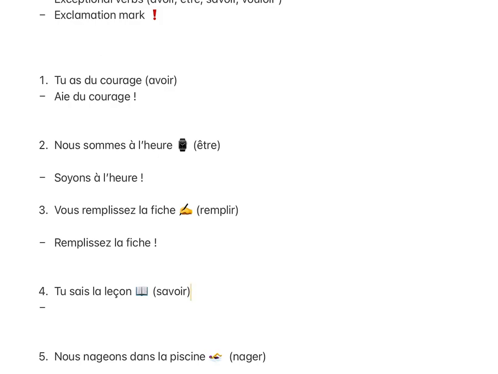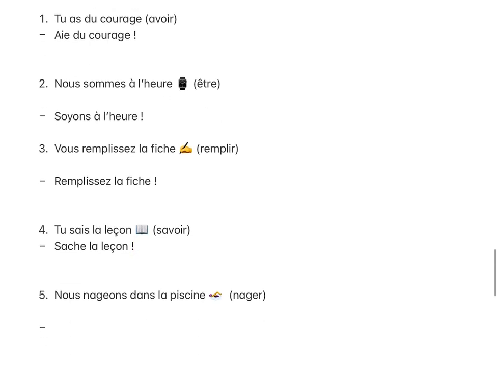So, to make the imperative for the verb savoir with respect to the subject pronoun tu, we get sache, and then the remaining sentence as it is, and of course the exclamation mark. Sache la leçon, which means know the lesson. And the last sentence.